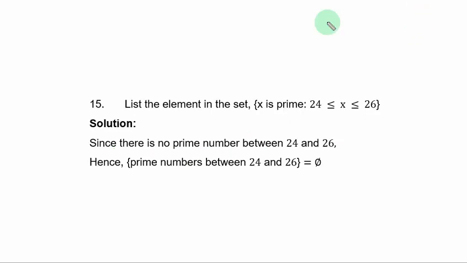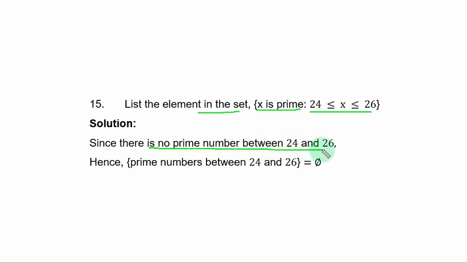Example 15. List the elements in the set S, S is prime, such that 24 is less than or equal to S, less than or equal to 26. Solution. If you check the given range, there is no prime number between 24 and 26.